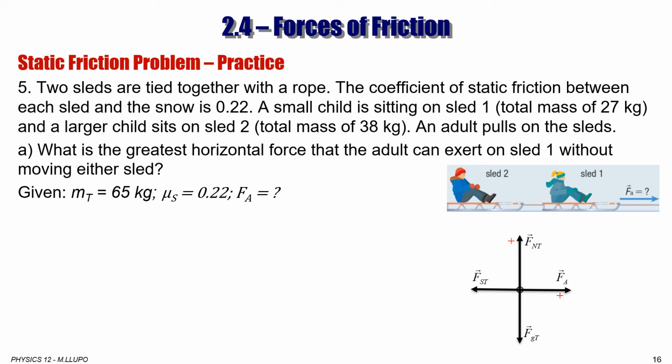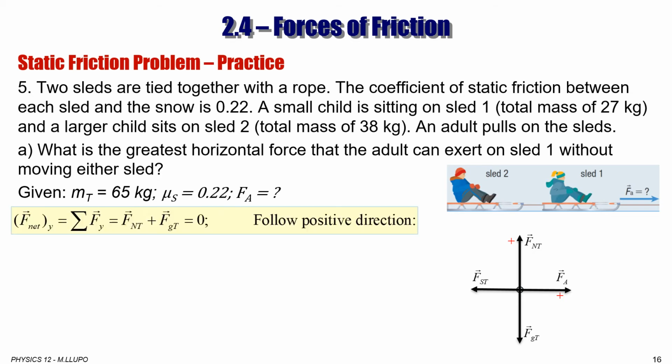Okay, in order to find the applied force, we need to draw a free body diagram and apply Newton's law on the y-axis and on the x-axis. Let's start with the y-axis. There are two forces acting on it.